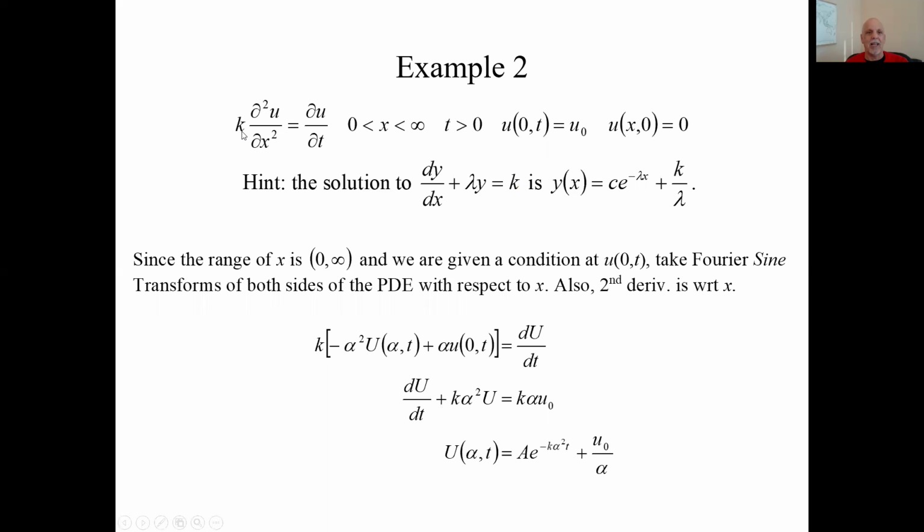This K is not that K. Sorry about that. But if it's just some constant, what's over here in the answer is that same constant divided by the lambda. And here our constant on the right is this thing, different K again. If I divide it by this k alpha squared, I end up with u sub 0 over alpha. Anyway, here's the solution that we got from the hint.